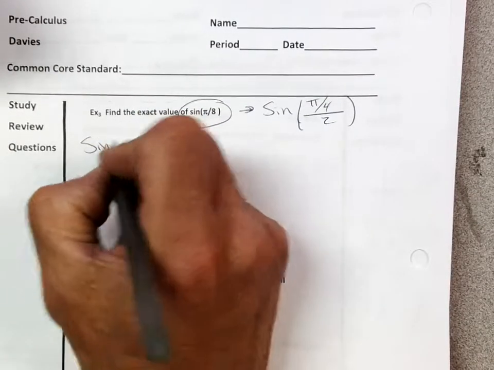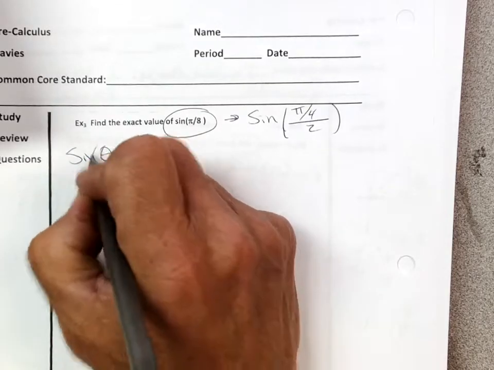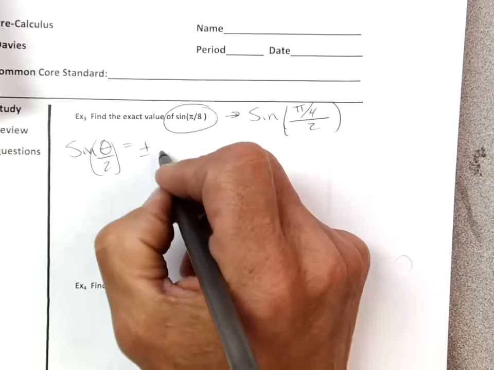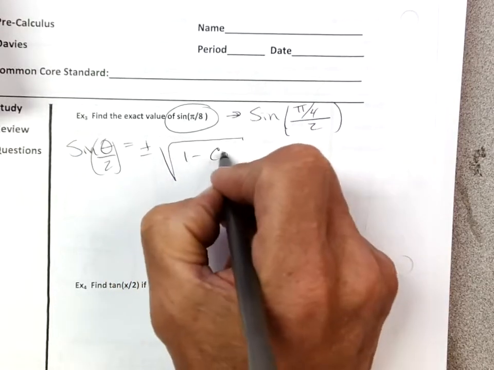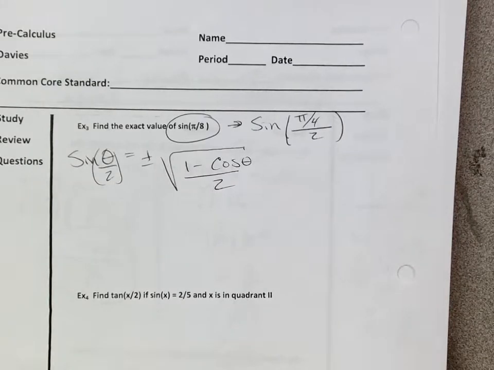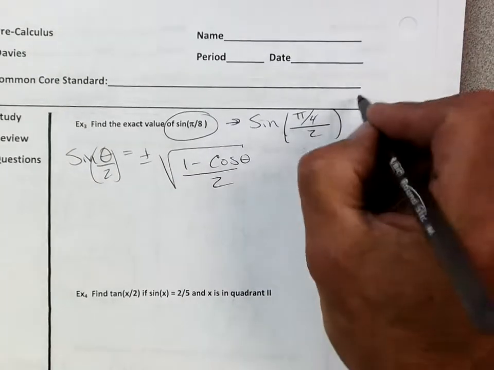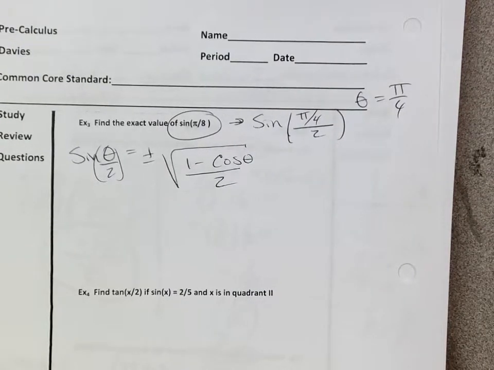So let's rewrite this as sine of theta over 2 is equal to plus or minus the square root of 1 minus cosine theta over 2, all right? In this case, my theta is pi/4, which is great because I can use that and I get a unit circle answer.